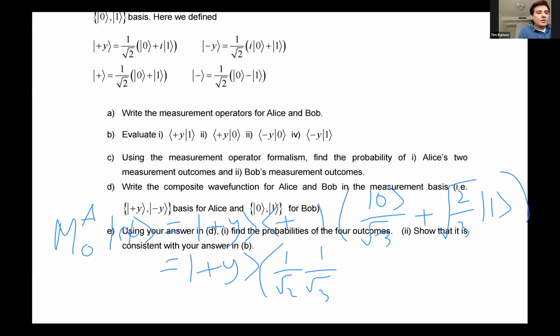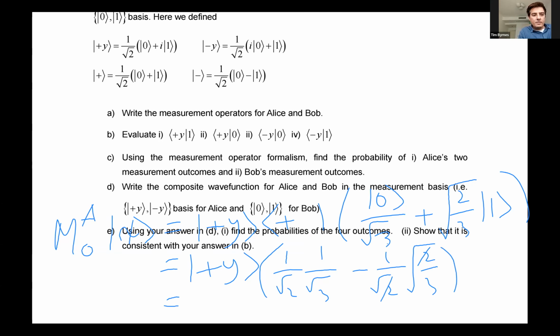Plus 1 over root 2, yeah, right? Yep. Okay, thank you. And this one should be minus, right? Yep. And this one is root 2 over 3. Okay, and then some cancellations. Okay, so what's the simplest way to write this?